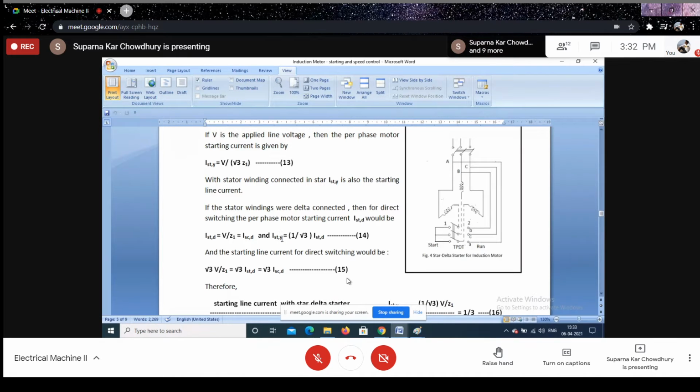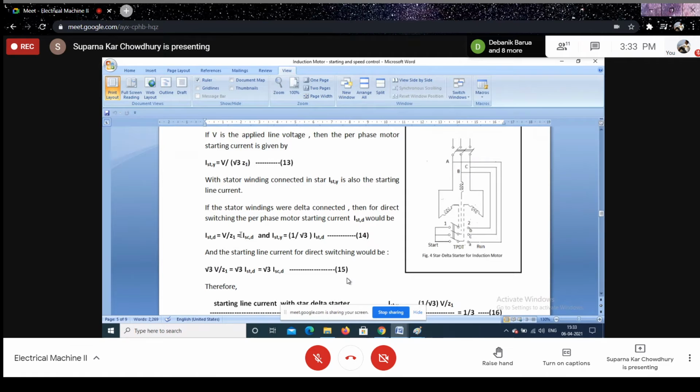And I short circuit star is 1 by root 3 times this value. Now this current is the phase current for delta connection.